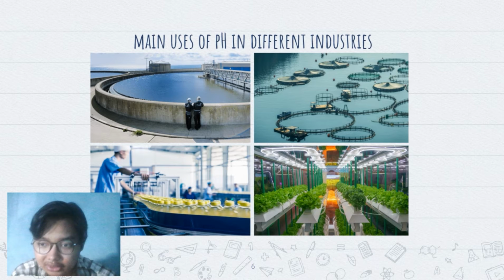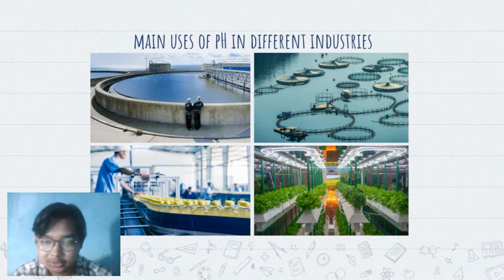It could contain heavy metals, organic compounds, or other toxic substances, and we need to adjust that, so we need to measure the pH level. The second is the aquaculture industry, because we need to keep aquatic creatures alive and ensure they are healthy enough to be consumed. So the industry needs to monitor changes in pH level.